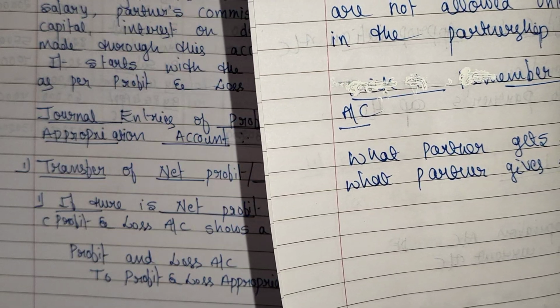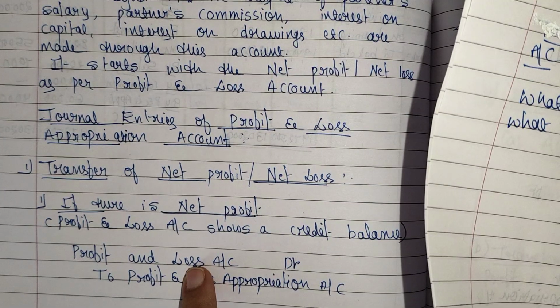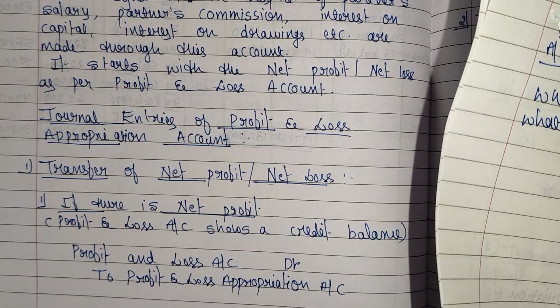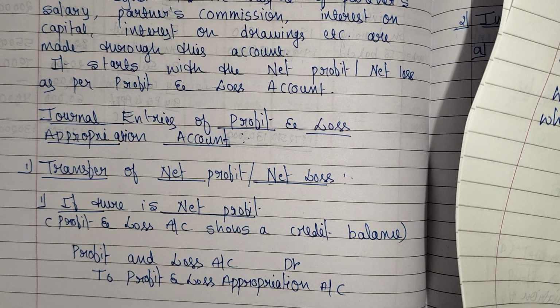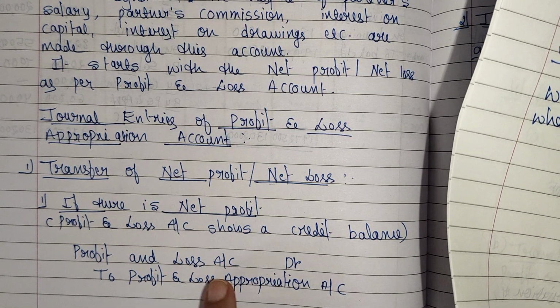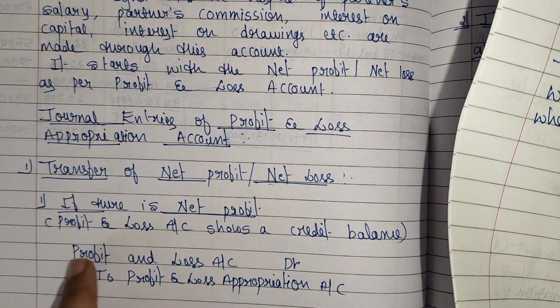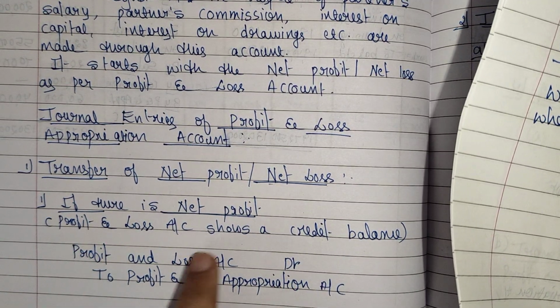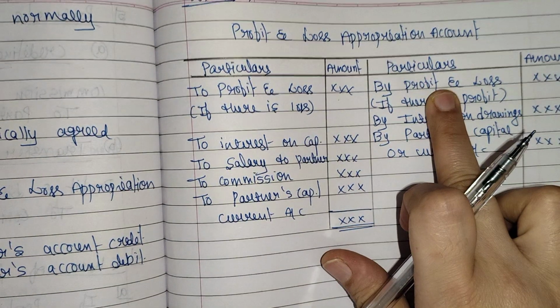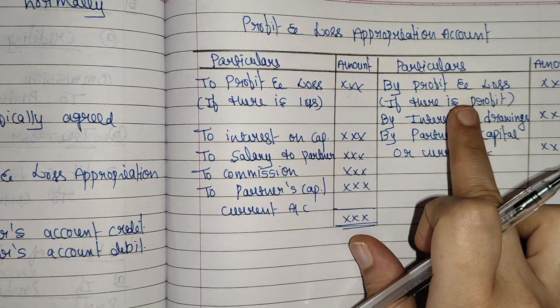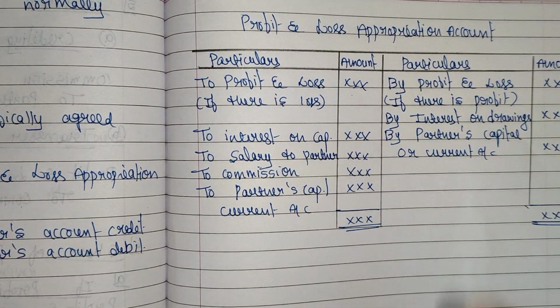So in the profit and loss appropriation account, what we need to do? We need to credit. You remember the ledger entries, right? We are now preparing the profit and loss appropriation account. This is the journal entry. So the profit and loss account is debited here, and in the profit and loss appropriation account, we need to credit. See here, by profit and loss, if there is profit.